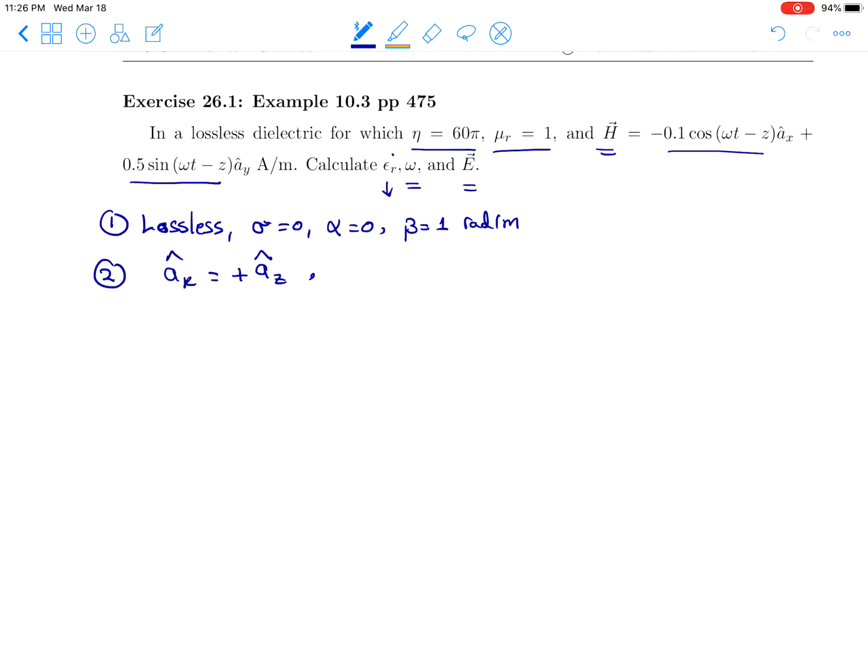So the magnetic field has two components. One is along the negative a_x direction, which is this one. The other one is along the positive y direction. So we should expect the magnetic field can be decomposed into two components, and the electric field should also be decomposed into two components.